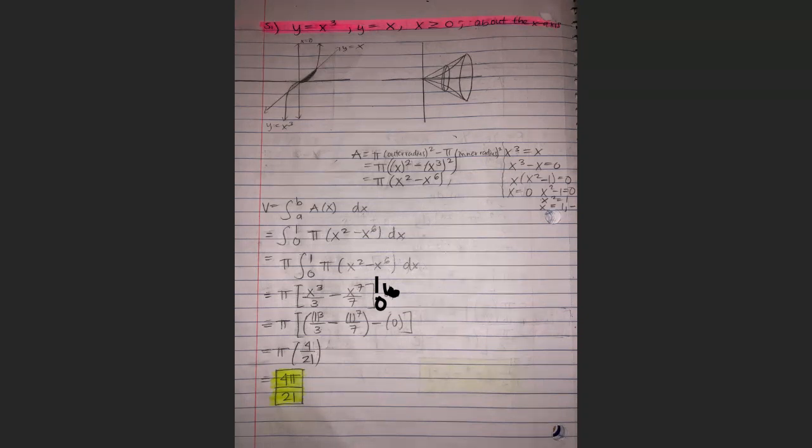And then we take pi out of the integral since it is a constant, so we get pi times the integral of x squared minus x to the 6. Oh yeah, so this pi shouldn't be there.